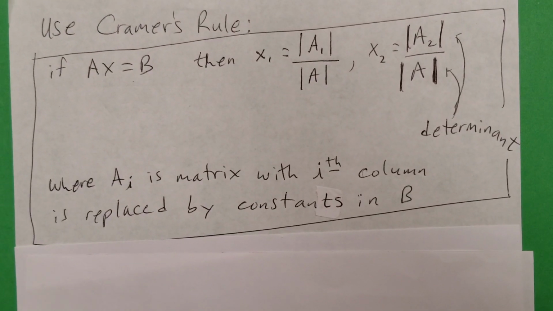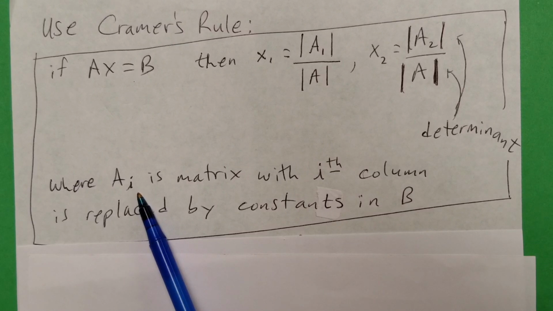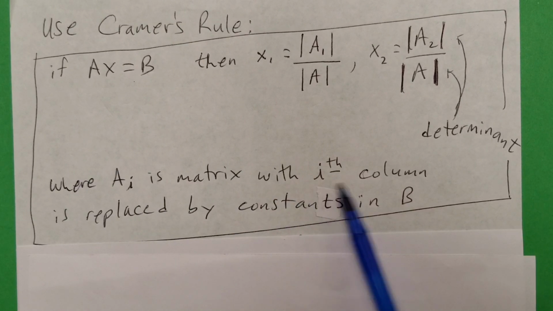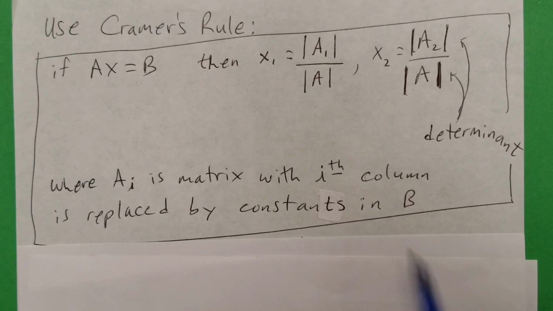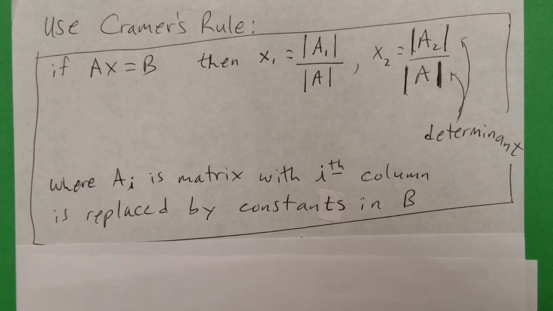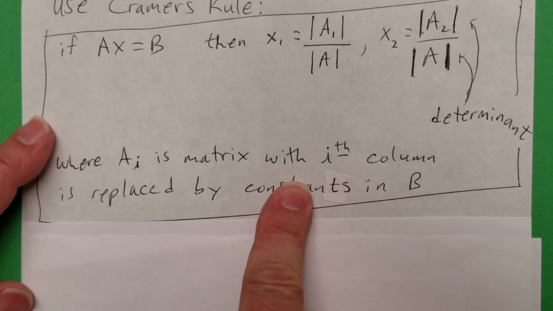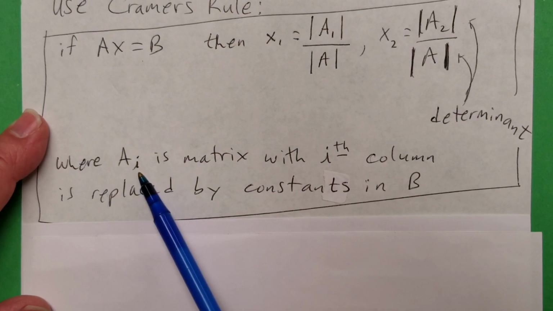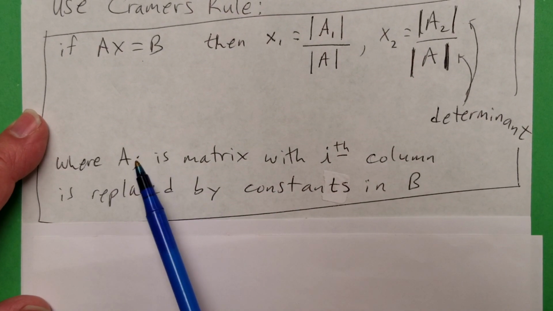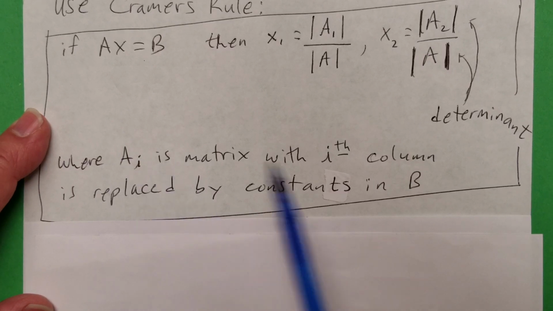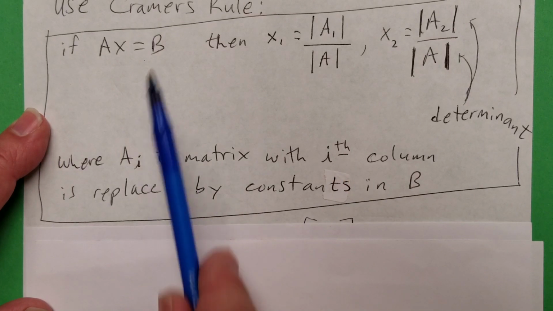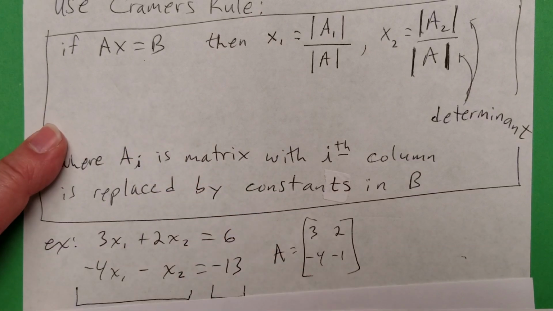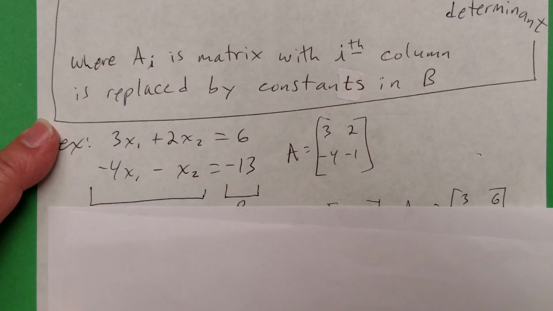A with a sub number, which we'll call i, is the matrix with the ith column replaced by the B matrix. Wow, that is confusing. Not really. When you see it, it's not. So i is just a counter. So if you want A1 or A2 or A3 or A4, you do something to the first column or the second column or the third column or the fourth column.